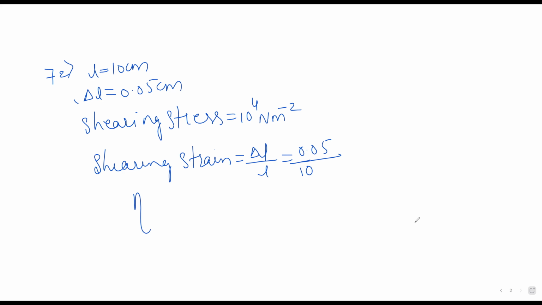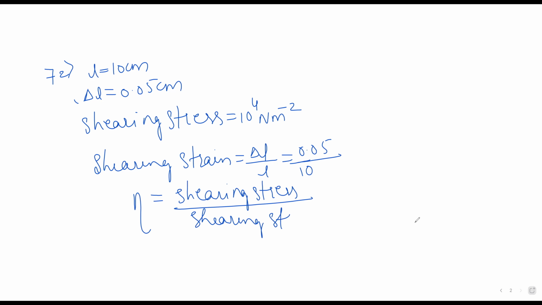So we have to calculate eta value. The formula is shearing stress divided by shearing strain. So substitute the known values, 10 to the power of 4 divided by 0.005.